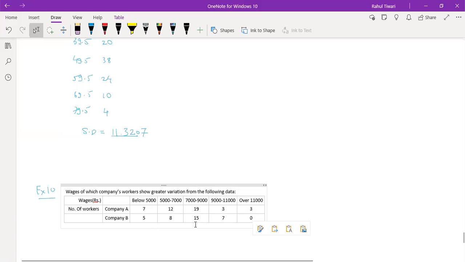Just a minute. Students, you can just work on this example and let me know what exactly you're going to do in this problem. Okay, I'll be back.